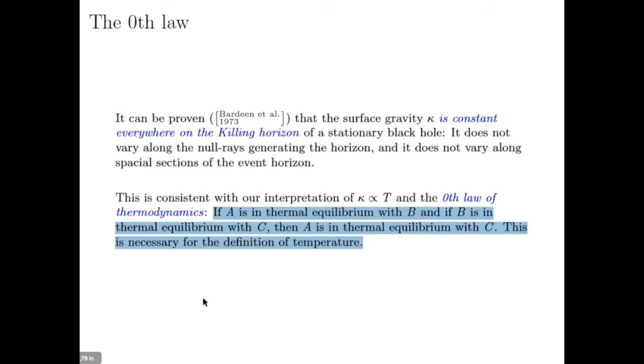But the idea that thermal equilibrium is an equivalence relation means that I put my thermometer in a heat bath, let's say, and I wait until it's in equilibrium with the heat bath. So if the thermometer shows me a certain temperature, that is the temperature of the heat bath. That's essentially what this law enables us to define, and the analog for black holes is that the horizon of these stationary black holes is in thermal equilibrium, with each part of the horizon in thermal equilibrium with the others.